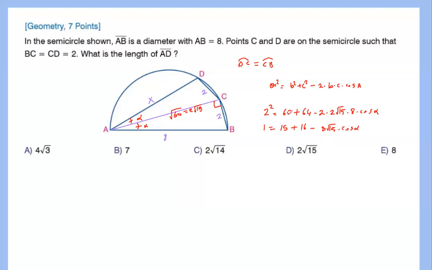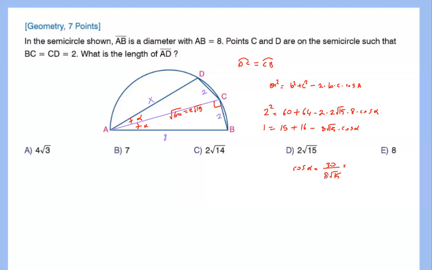If you are confused with this, you can simplify on your own in a different way, but I just divided everything by 4. That is just going to be 8 root 15. Okay, so I can move this to the other side to make it positive. So then cosine alpha is equal to 31 minus 1 is 30, divided by 8 root 15. So this can be simplified.